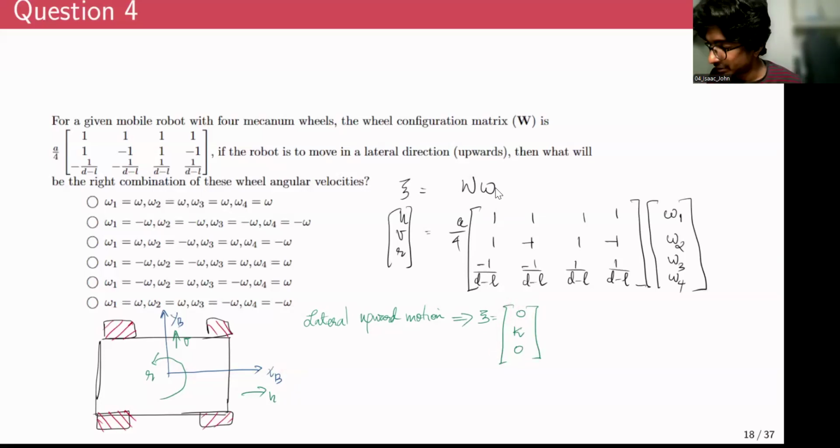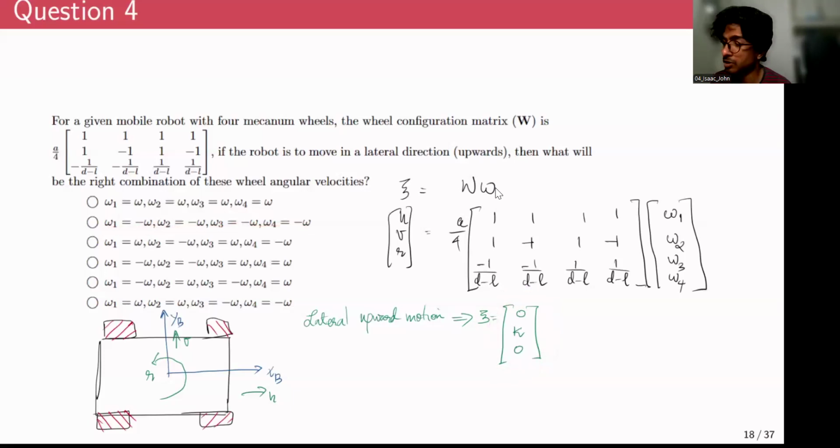From all the 6 options, you are required to find the right combination so that if you multiply the wheel configuration matrix with the right combination of omega vector, you will end up with this. One way is to try each of these options one by one and see which combination gives this vector.